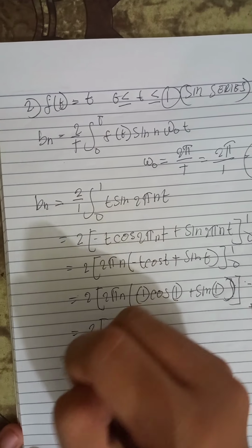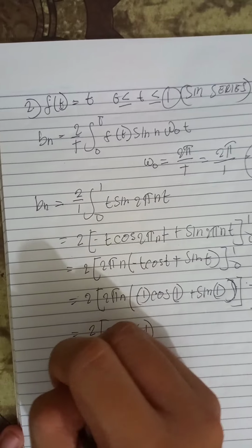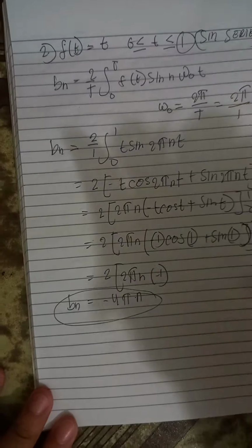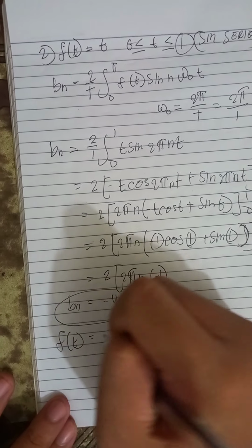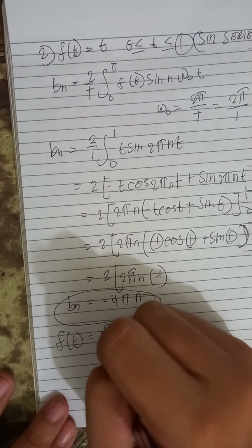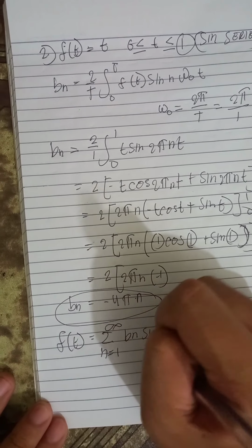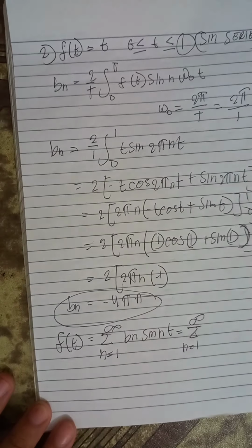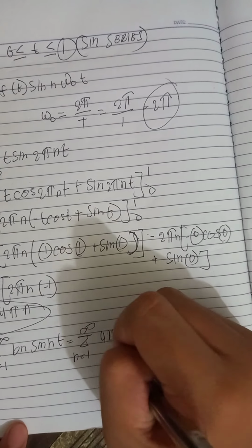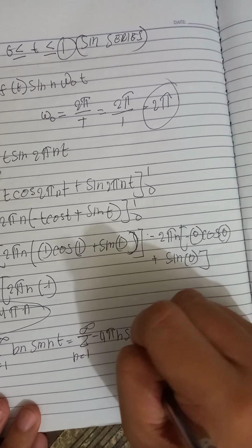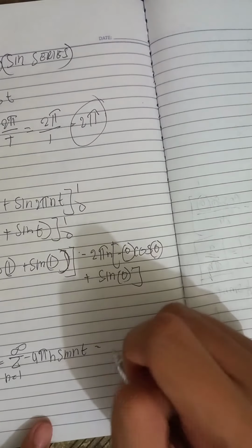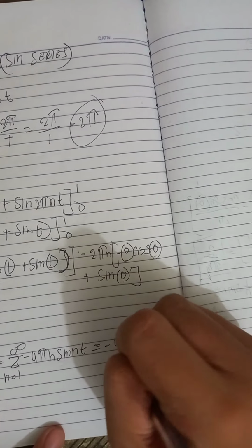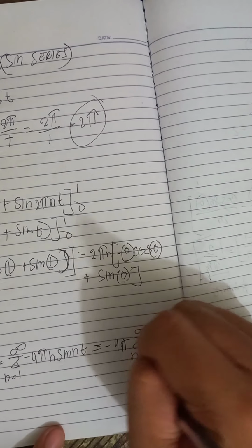It will become negative 1/(πn). So that's the value of bn. Next we distribute the value of bn into the formula: f(t) equals the summation from n = 1 to infinity of bn sin(nt). Then distribute the value of bn and get the final formula.